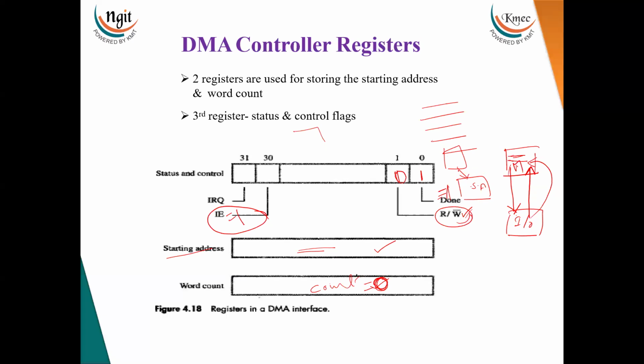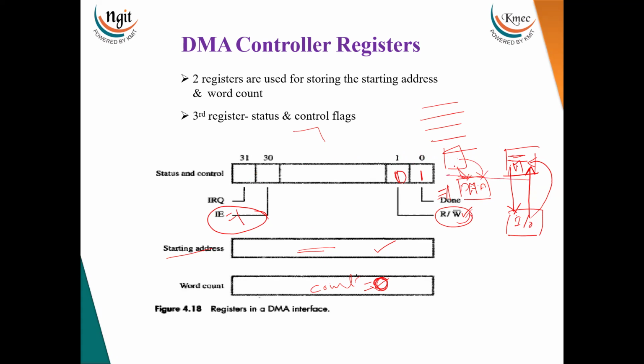After initiating the program, the microprocessor hands over the bus to the DMA. Once the job is done, it will send the interrupt signal to the microprocessor, and then the microprocessor takes the bus control.